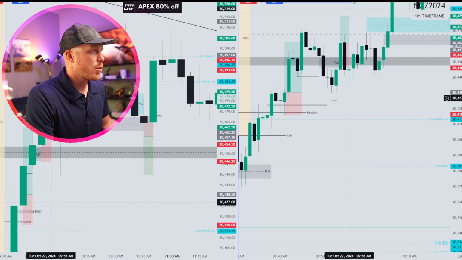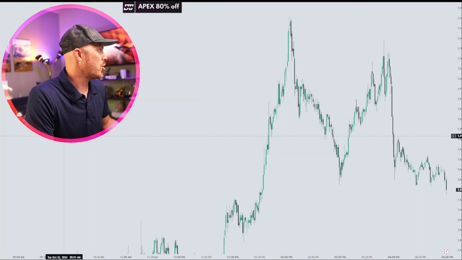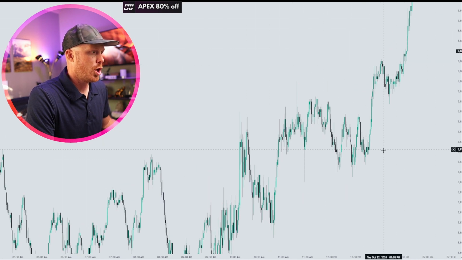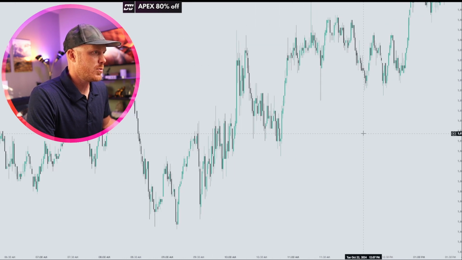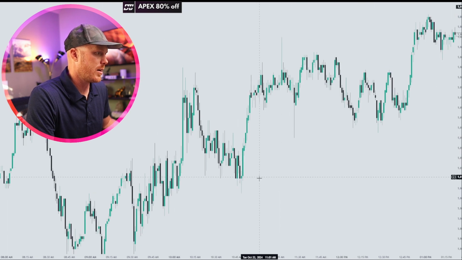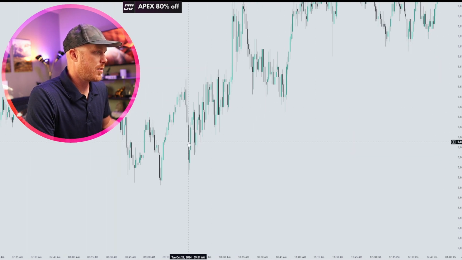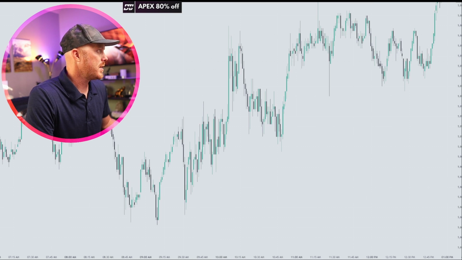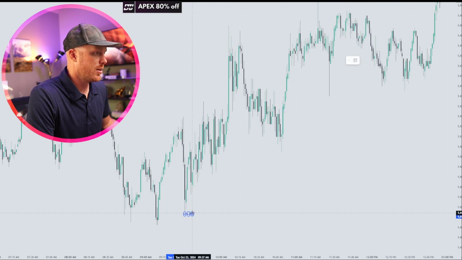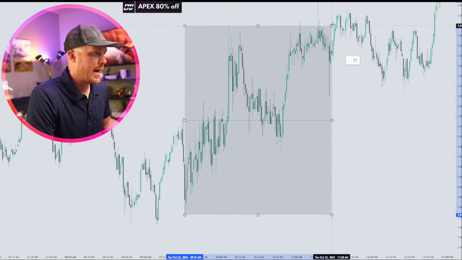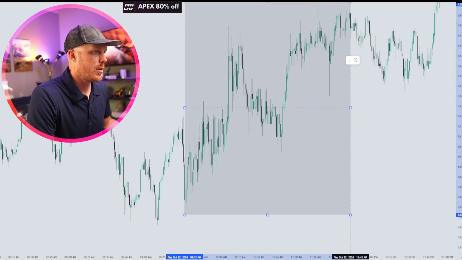Now, if I were to zoom out and look over here at ES, and we were to zoom in on our AM price action, this was the AM price action right here. Here's 9:30 open right here. From this point on in the morning, from 9:30 till literally about 11:45, this is the price action that we saw on ES.